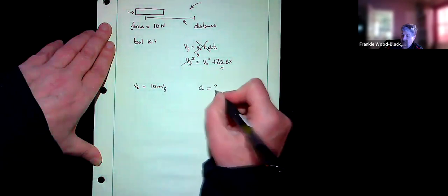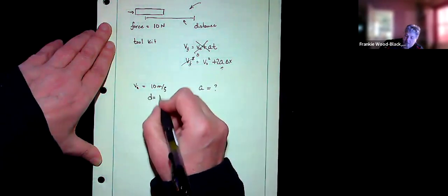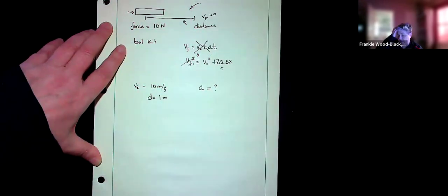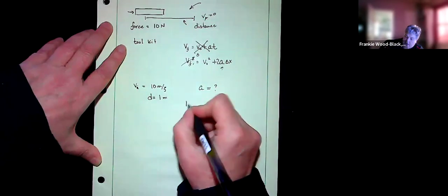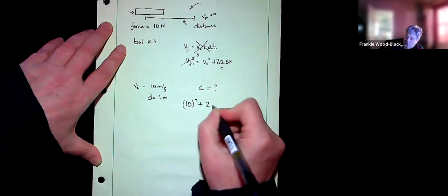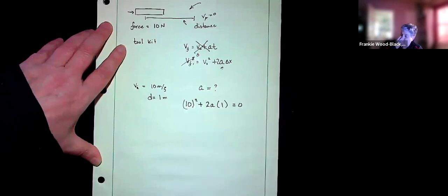and I know my acceleration, we're looking for acceleration, and I know my distance is equal to 1 meter, we'll just say 1 meter. My final velocity is 0, because that's what's going to be down here at the end. Well, guess what happens? I get 10 squared plus 2 times my acceleration times my distance has got to equal 0.